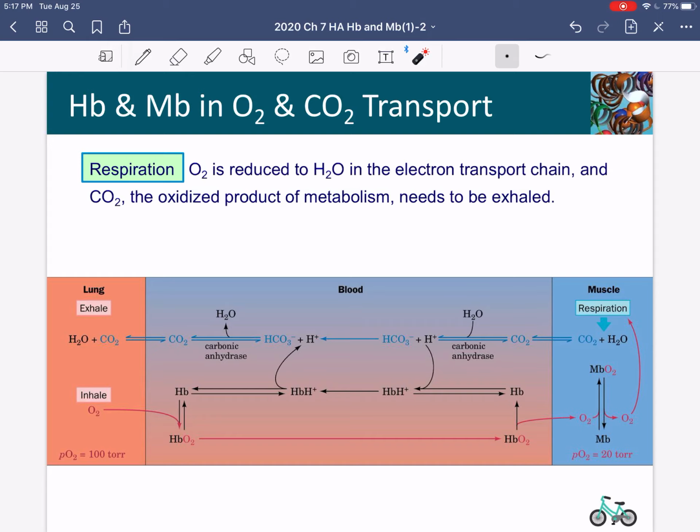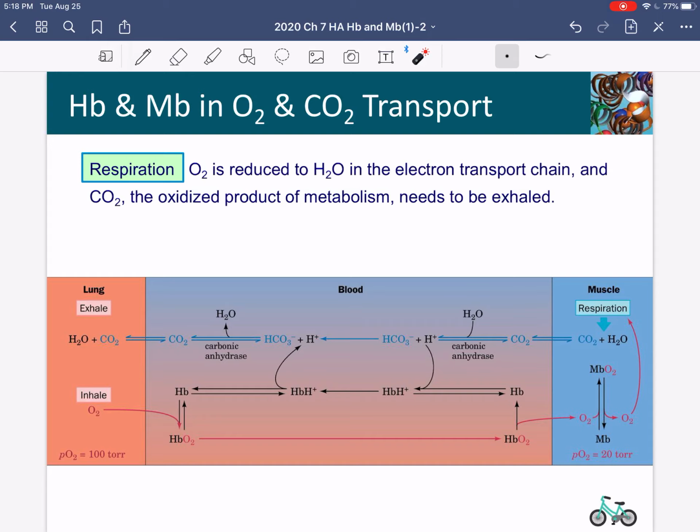And this is what's happening in respiration. All right, so you can spend some time looking at this figure because it actually explains a lot in a small amount of space.